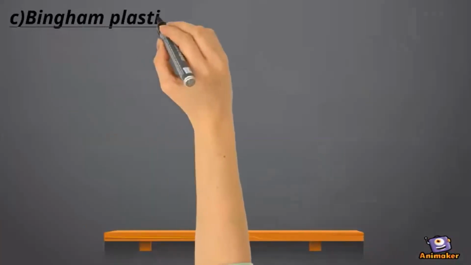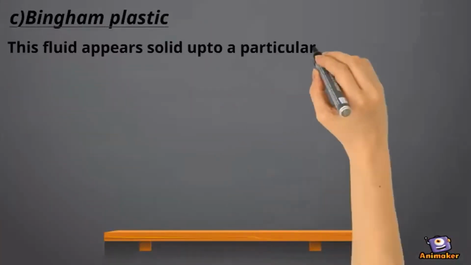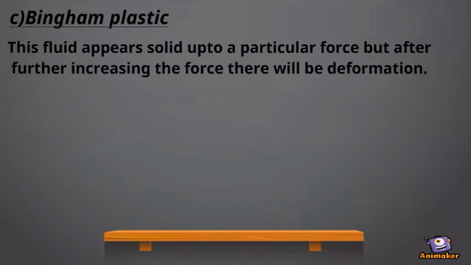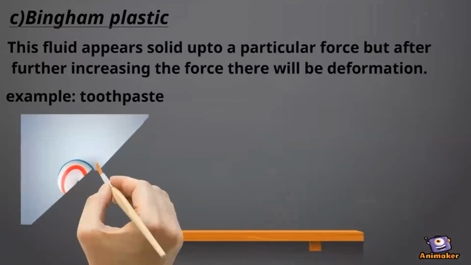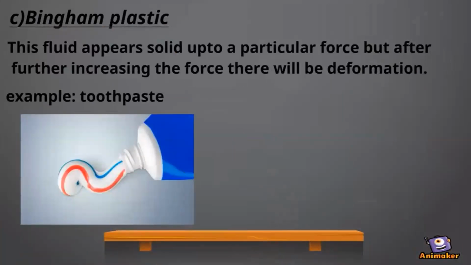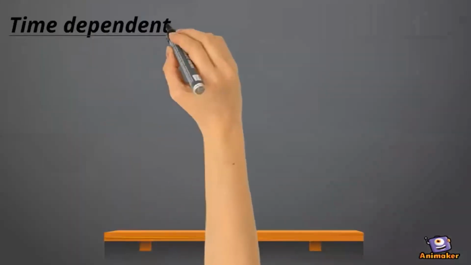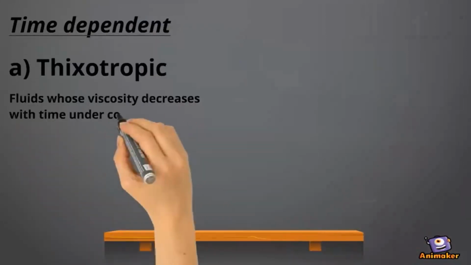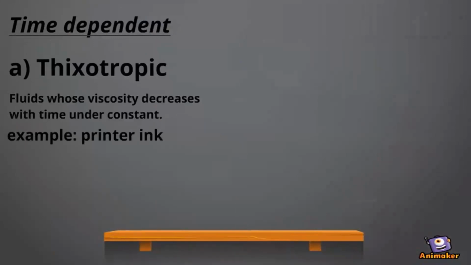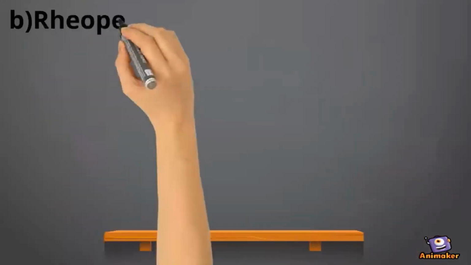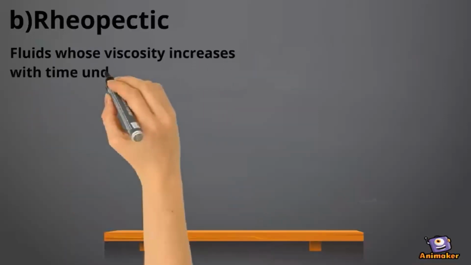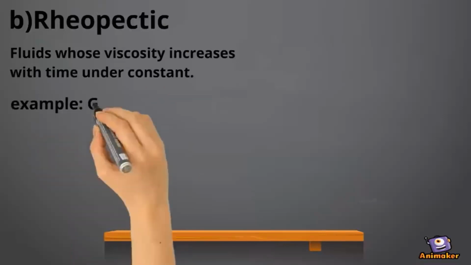Bingham plastics: the fluid appears solid up to a particular force, but after increasing the force, it starts to deform. An example is toothpaste. Time dependent, thixotropic: fluid viscosity decreases over time under constant force. An example is printer ink. Rheopectic: fluid viscosity increases over time under constant force. An example is gypsum paste.